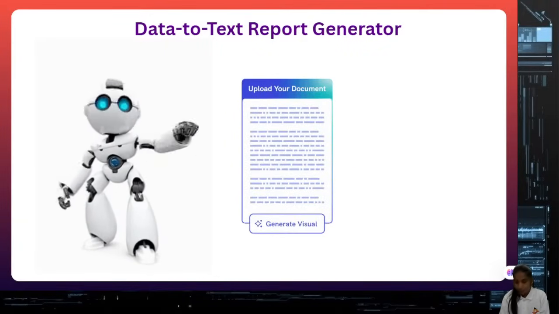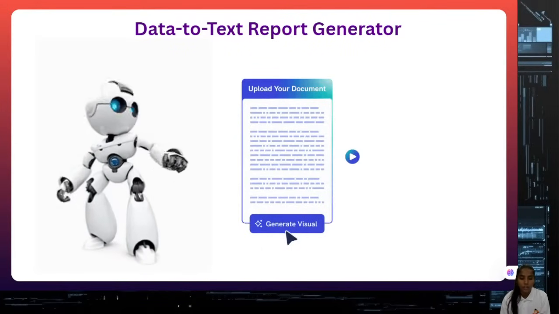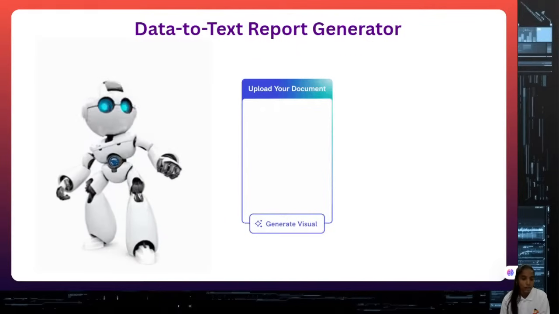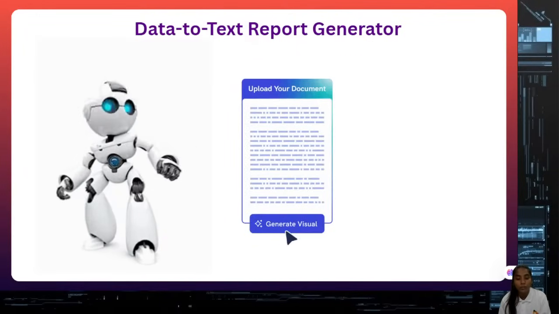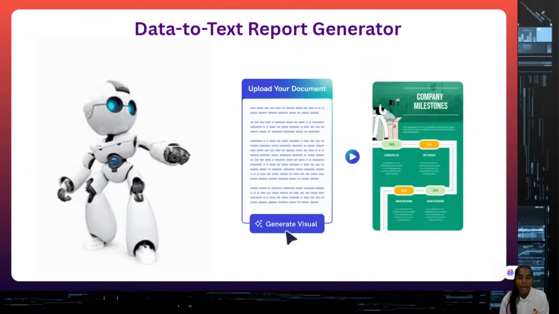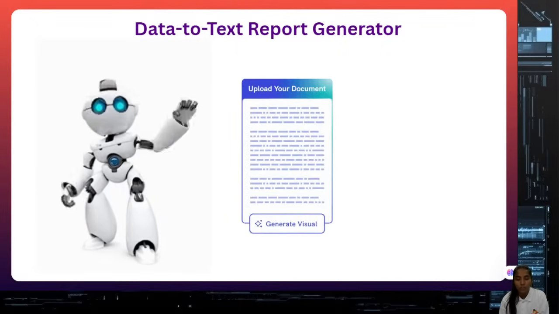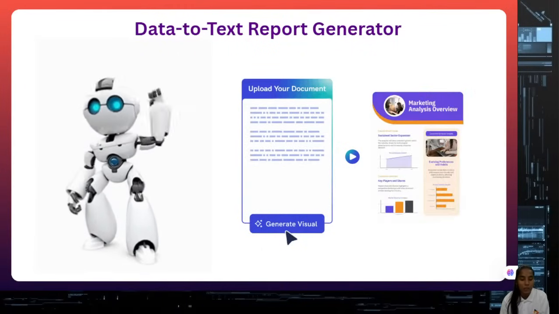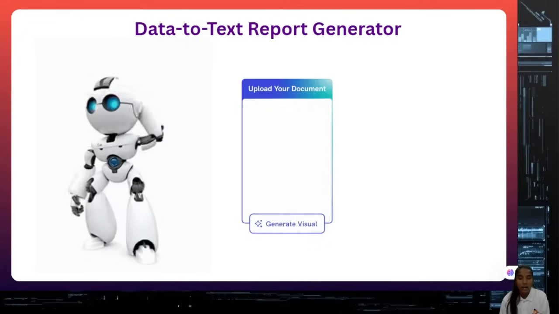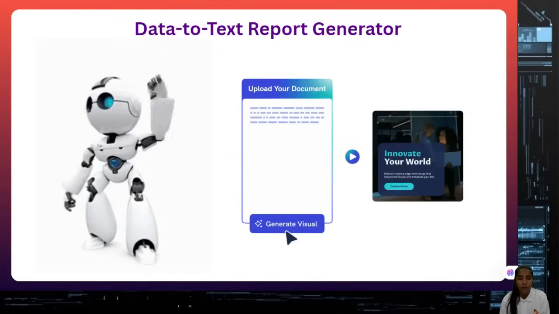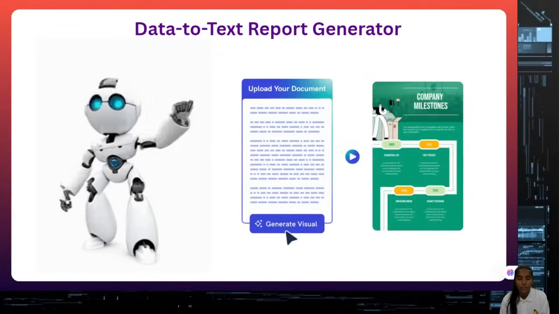At that time we can see this data to text report generator by using prompt engineering. How it will work with prompt engineering depends on the requirement. As per the architecture of the prompt engineering design, we have to discuss how this data to text report generator looks exactly.